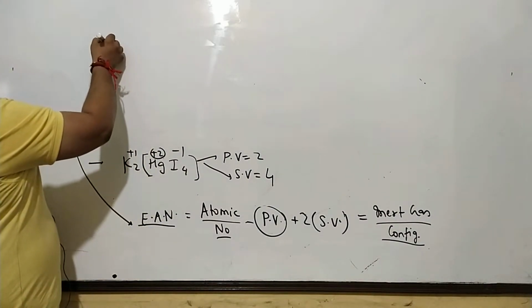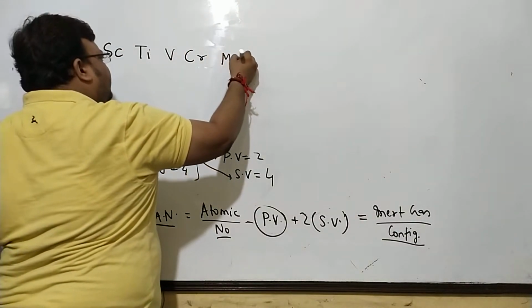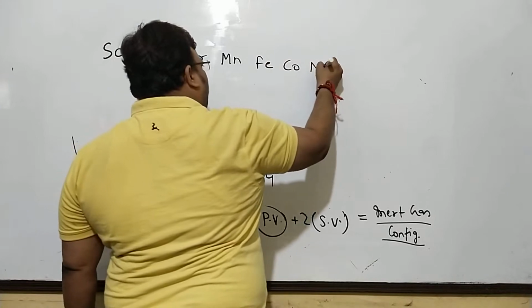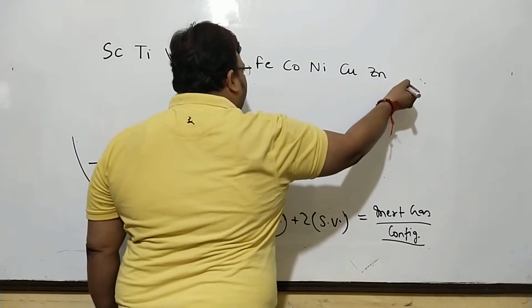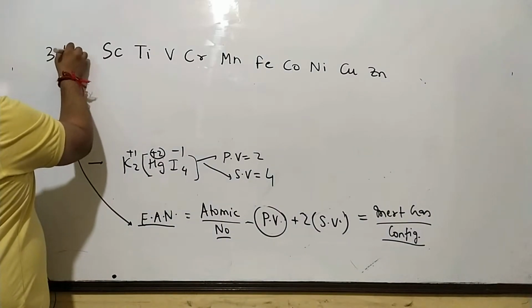So the first series, which is scandium, titanium, vanadium, chromium, manganese, iron, cobalt, nickel, copper, zinc, is generally recalled. This is 3D. So most of you would be recalling 3D.